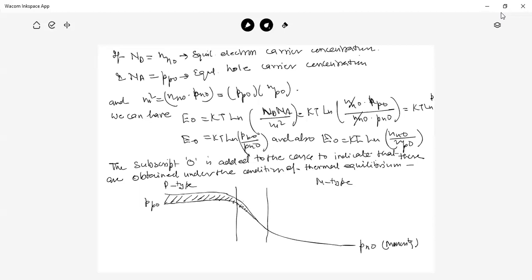Here it is the majority charge carrier. Similarly, in case of electrons, this one is NN0, the majority of electrons, and this electron is NP0. It is minority.